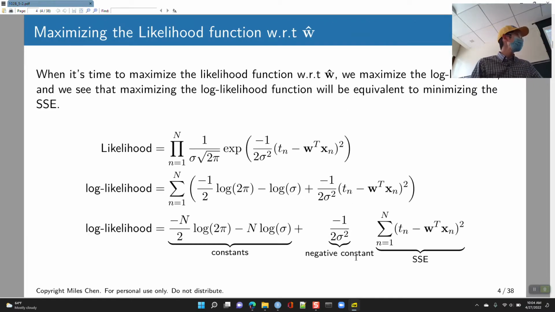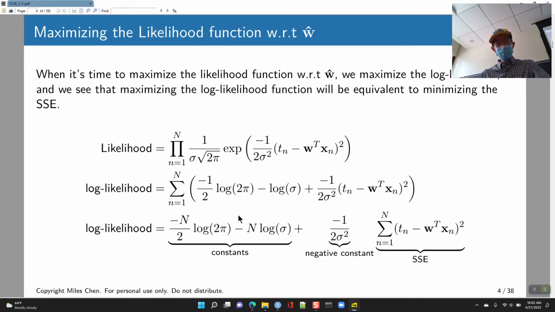When you want to maximize a product of a whole bunch of Gaussian densities, it turns out that it becomes equivalent to minimizing the sum of squared errors, because of the way the Gaussian density is written out. Maximizing the likelihood function is equivalent to maximizing the log likelihood function.